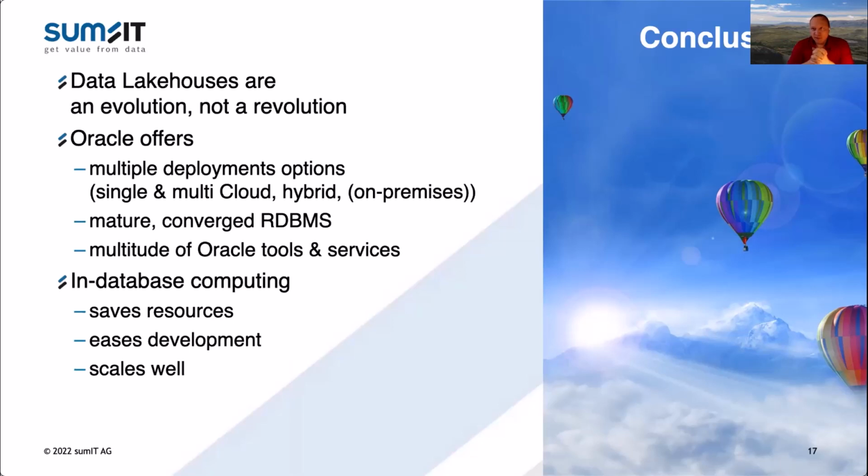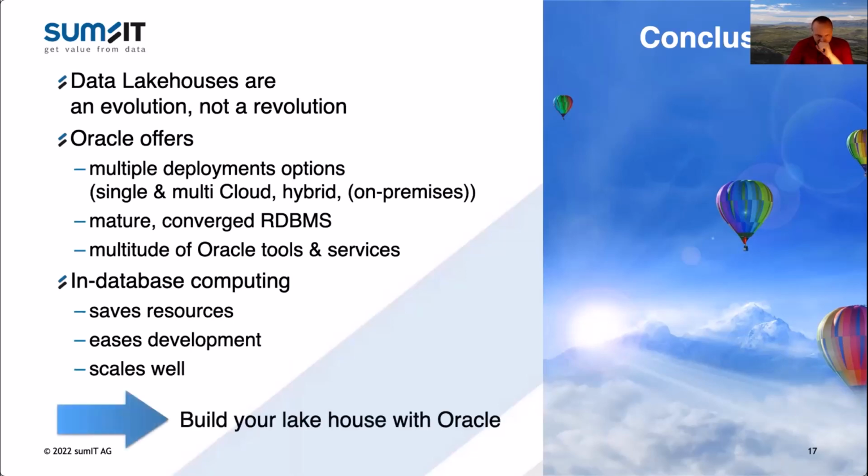And it eases development very much, also like with the tools that Matthew showed us, and it scales very well, as we know since decades now. So if you want to build your lakehouse, I'd say build it with Oracle. That's a very good solution.